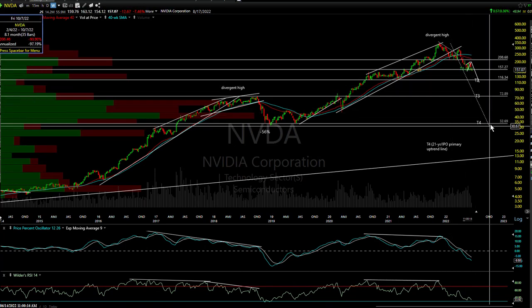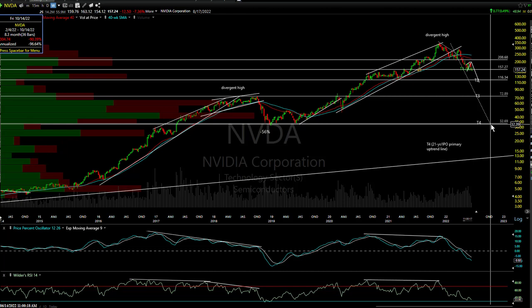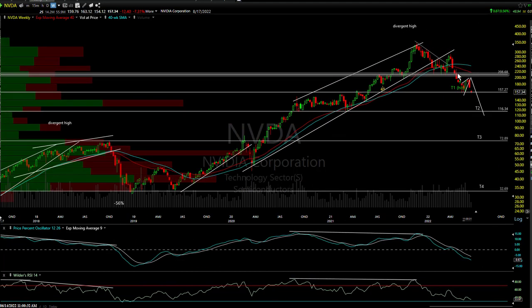I started laying those targets out before that, but if that 4th target there is hit, 32.70, that's a 90% drop. But again, that's not going to happen today, tomorrow, next week, next month, and probably not even this year.